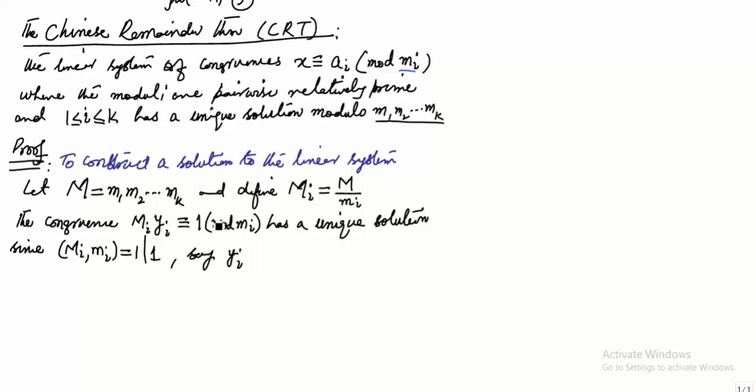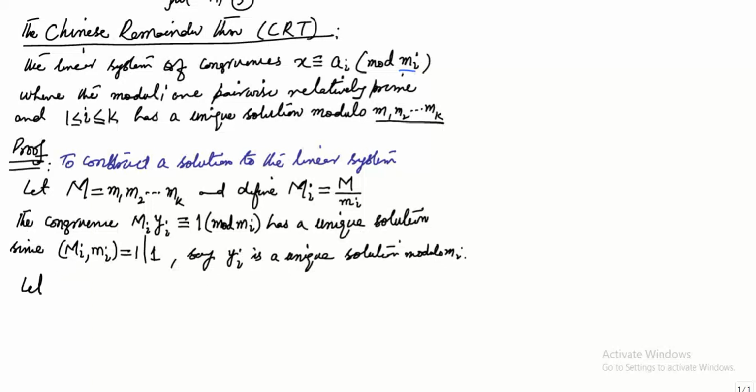So there must be the inverse of capital Mi modulo mi. Okay, so we must have the inverse. So say yi is a unique solution modulo mi.